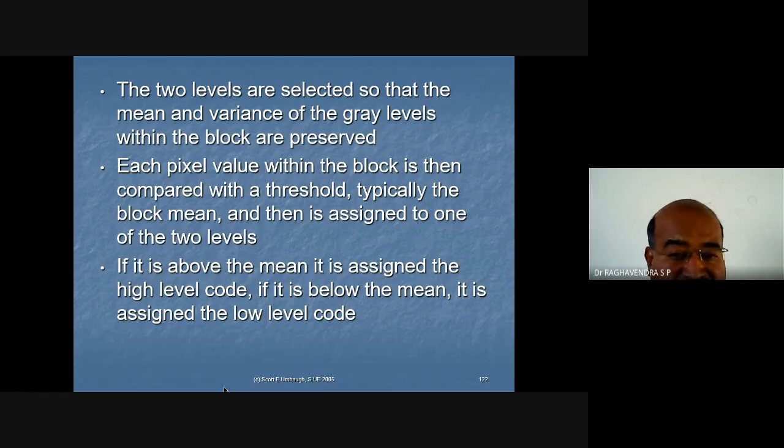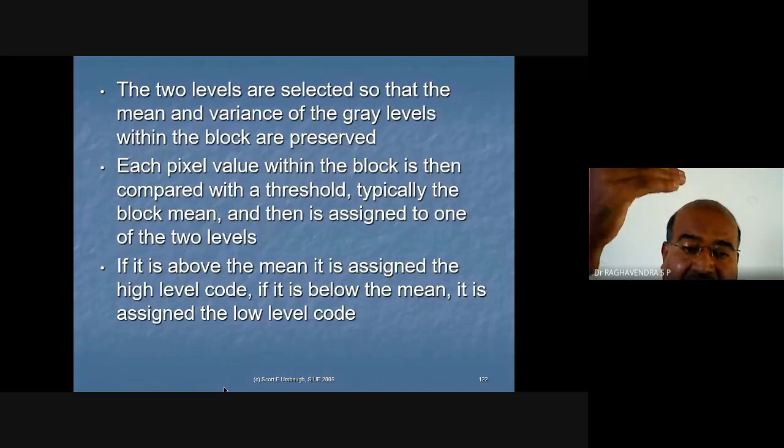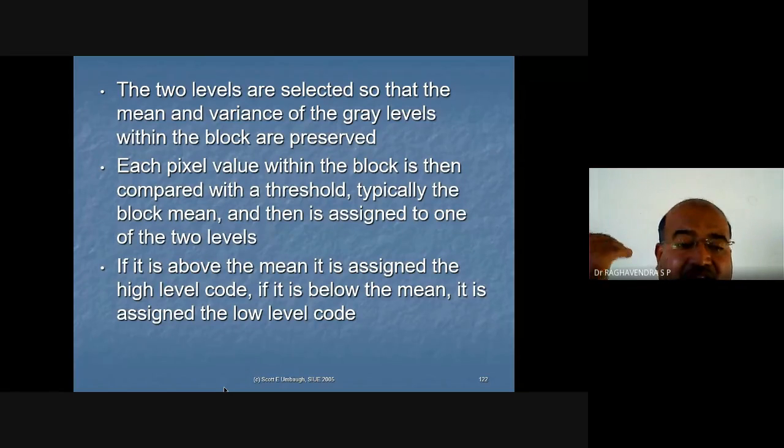So we have to take a margin here, and the margin is the mean. If the gray level of the pixel is more than the mean, you consider it a high level code. If the gray level of the pixel is less than the mean of the given sub-image or block, you store that value under the low level code.